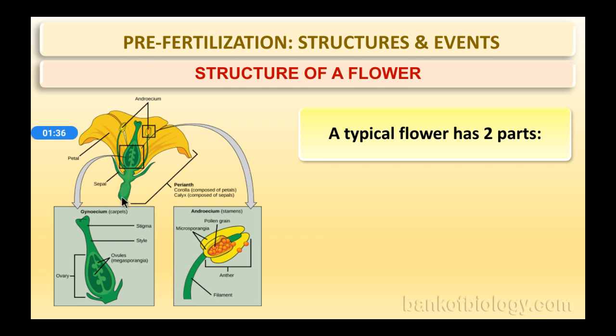Petals are the colored parts of a flower, and they attract insects. And sepals are the small leaf-like structures which ensure protection mainly in the bud stage, as the buds are too delicate.